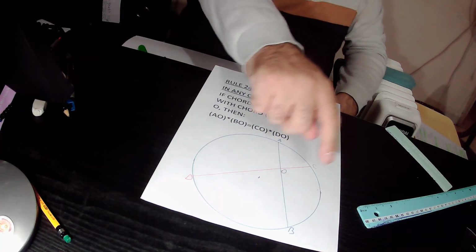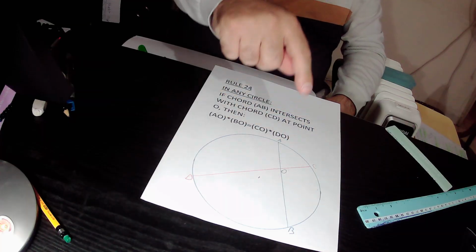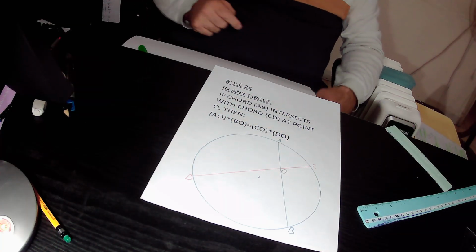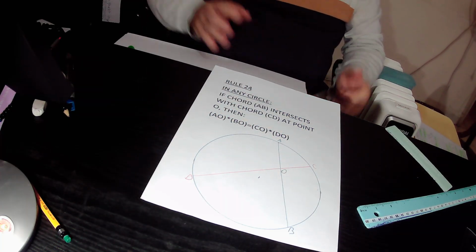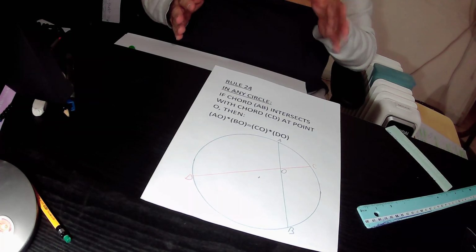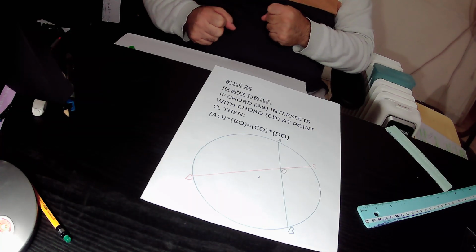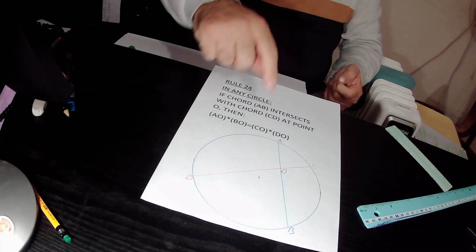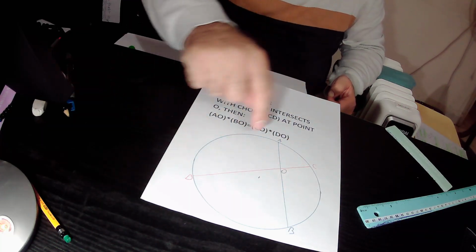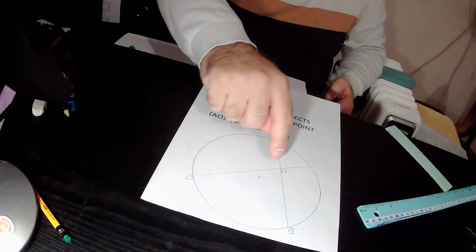In the drawn circle, this is chord AB that intersects with chord CD at point O. So whenever you have two chords that intersect with each other inside the circle, then the following equation holds: AO times OB equals CO times OD. Again, AO times OB equals CO times OD. So we can actually implement rule 24 in our drawing.